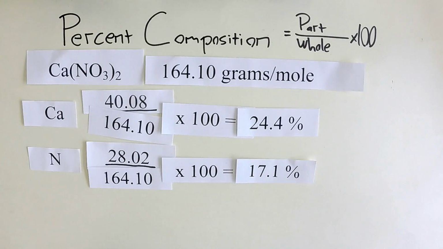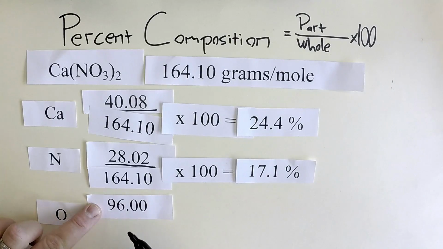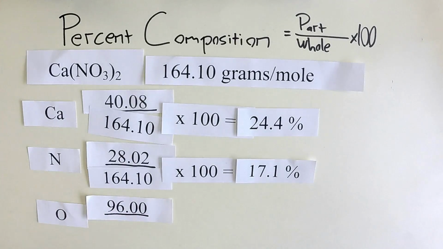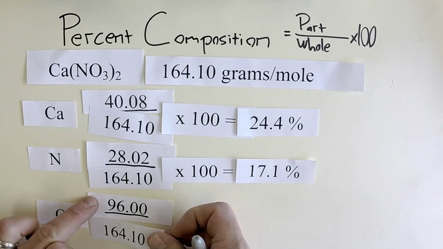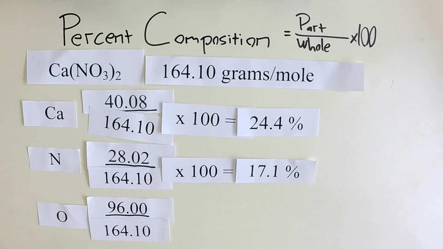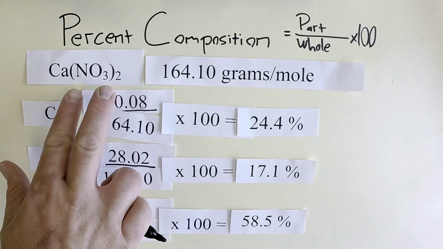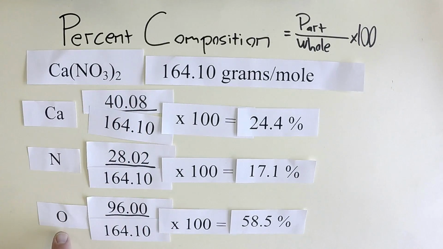Finally, for the oxygen, 96.00 was our oxygen portion. And again, we'll divide that by the formula mass of 164.10. Multiply that by 100, and when you do the math on that, we see that 58.5% of calcium nitrate is oxygen.